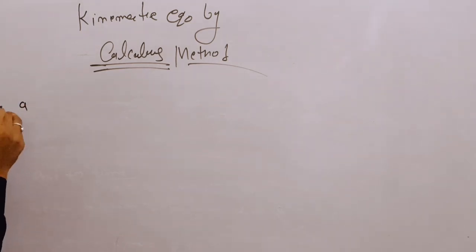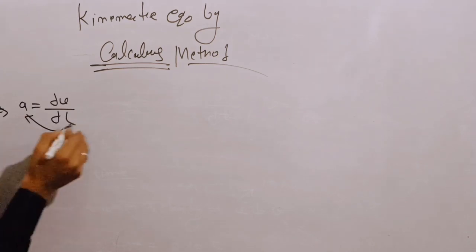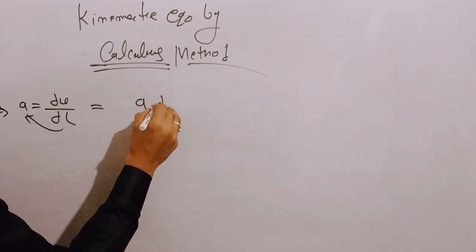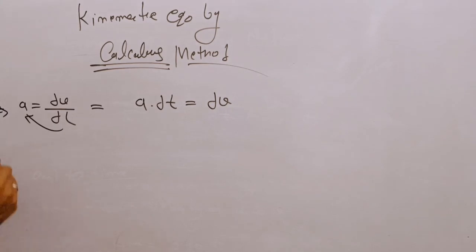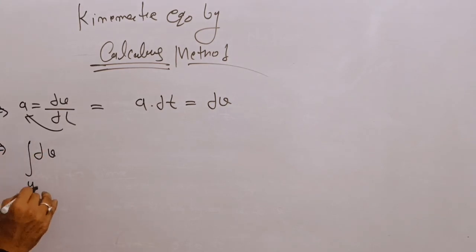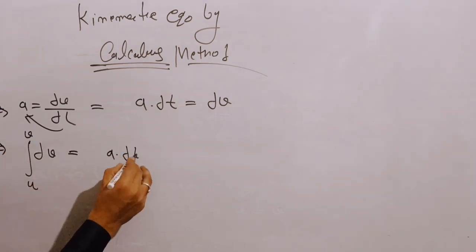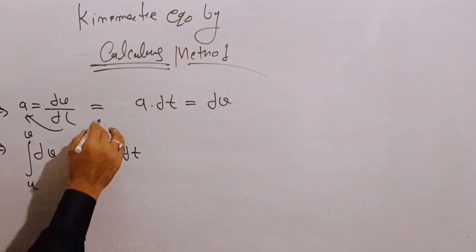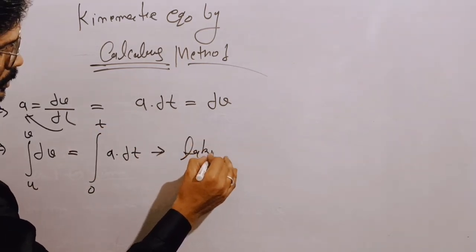So a is the acceleration, dv upon dt, so dt goes to a, a into dt is equal to dv. So taking an integration with limit u to v in dv and 0 to t in a into dt.